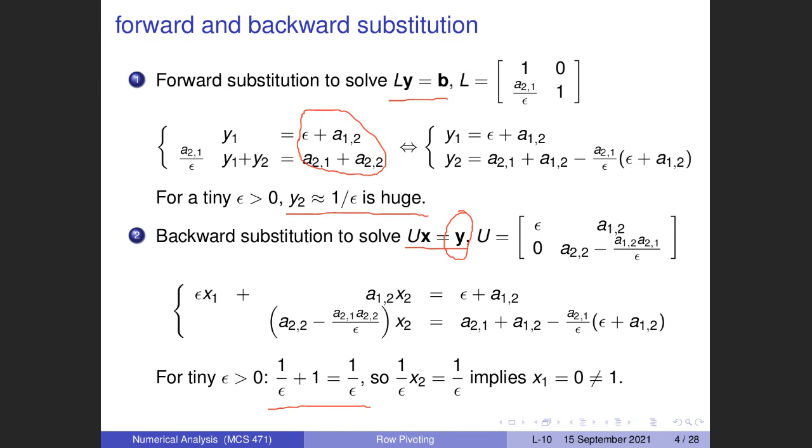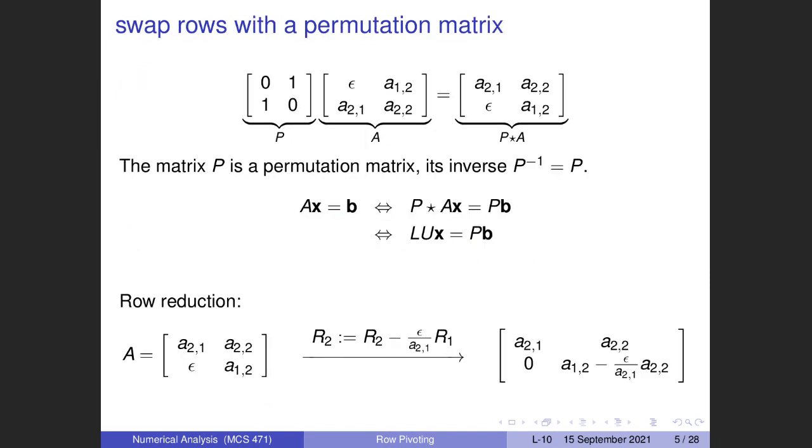And that's very far from 1. So we have lost all our precision. So the working precision, if we worked with 16 decimal places on this very tiny problem, we have no accuracy in the solution. So that is a catastrophic calculation. Now we can easily fix this if we swap the rows.